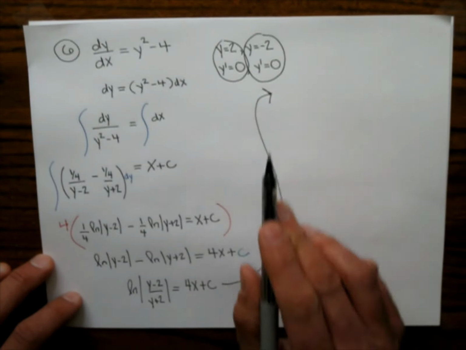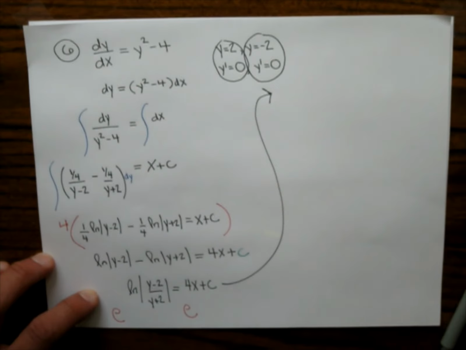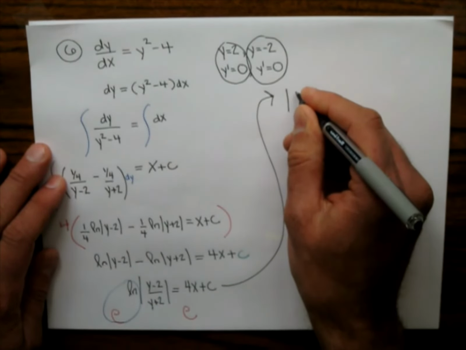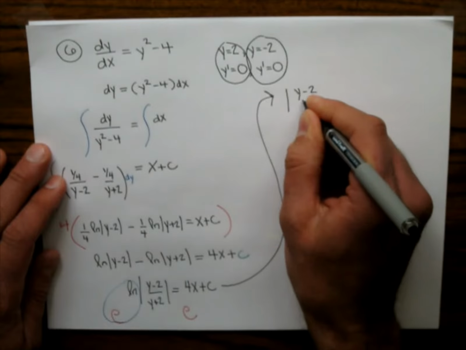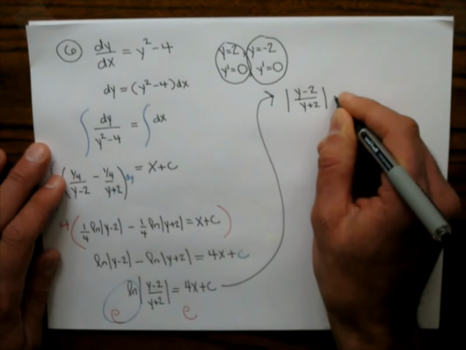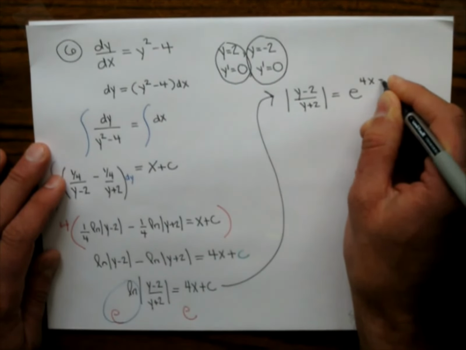The next part that I'm going to do is exponentiate both sides. And so what happens here is we have that property of logs where that thing goes pop. And on the left hand side we have absolute value y minus 2 over y plus 2. This equals e to the 4x plus c.